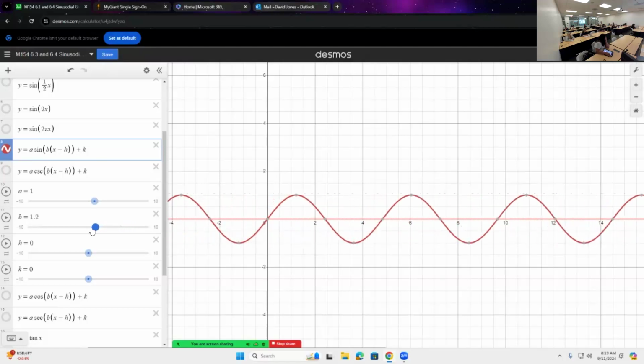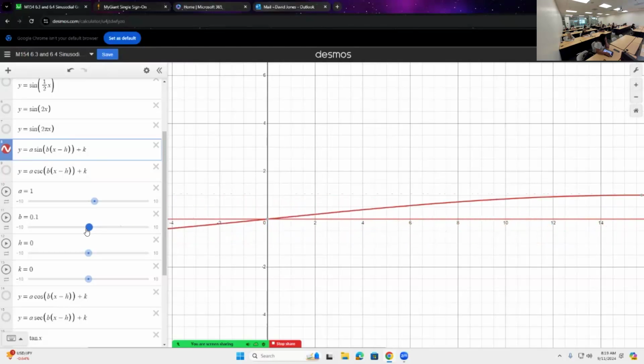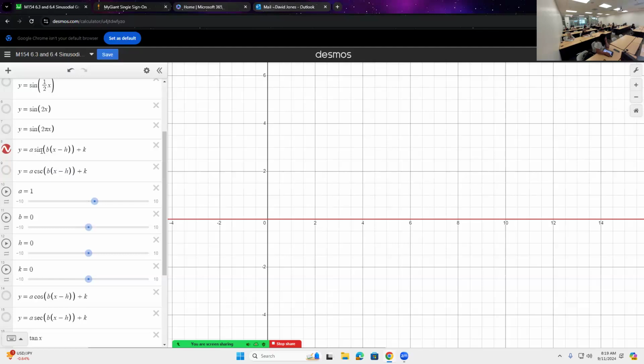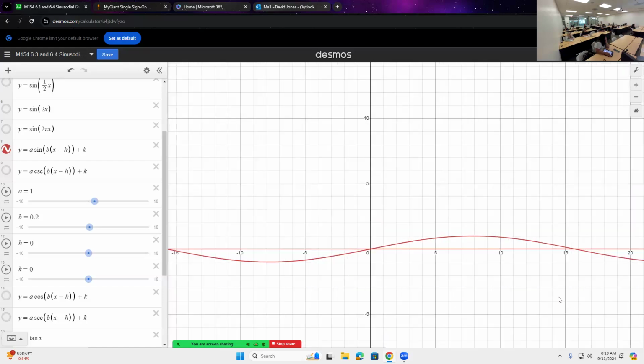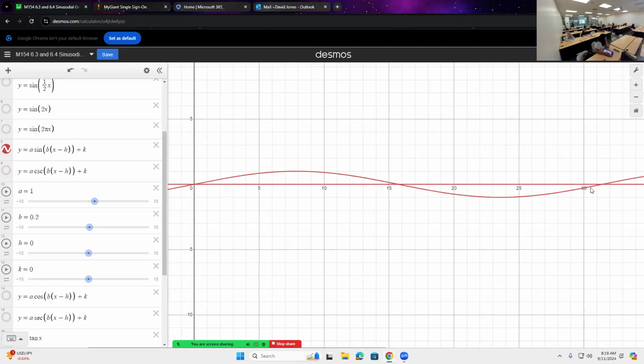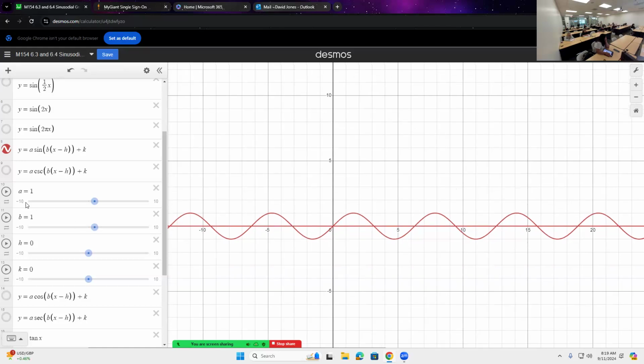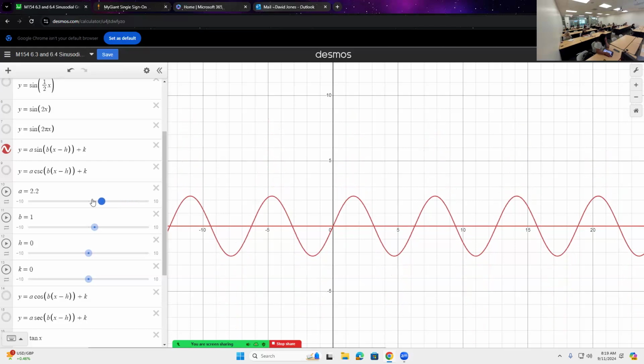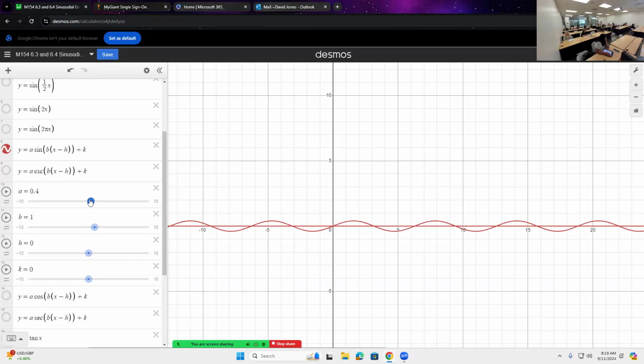And when B goes lower than 1, something small makes it not repeat very often at all. B equals 0 just makes this sine a 0, and so we don't really have a graph anymore. Likewise, we can affect the vertical scaling by changing A. When A gets small, the graph gets flat.